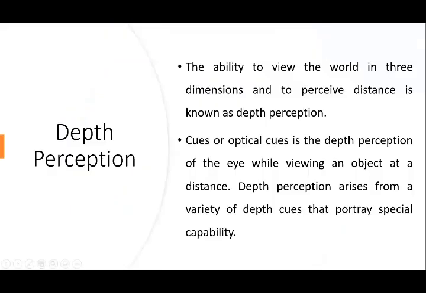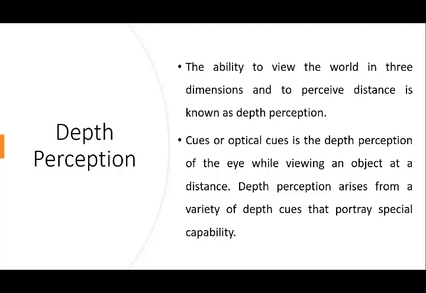Now, another important perceptual ability is depth perception. Nature has given humans the ability to perceive the depth of a thing, how deep it is, how far it is from the surface. So this is another of our optical perceptual abilities.